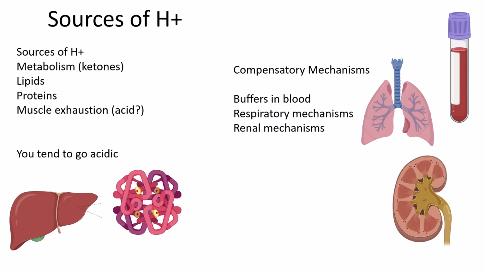There are three mechanisms that counteract this tendency toward acidity. Right now, buffers in your blood are your compensatory mechanism, most likely. If they get exhausted, then your body will turn to a respiratory mechanism to try and help mediate pH.